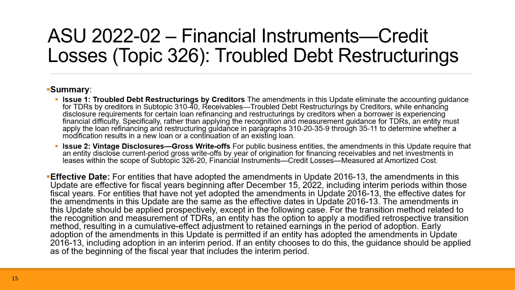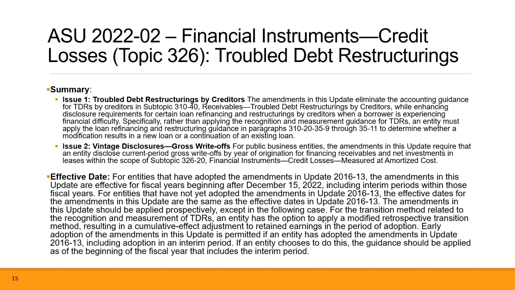And investors and other financial statement users observe that disclosing gross write-offs by year of origination provides important information that allows them to better understand changes in the credit quality of an entity's loan portfolio and underwriting performance.